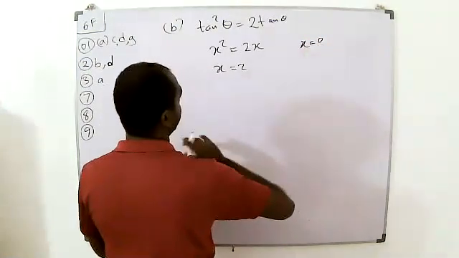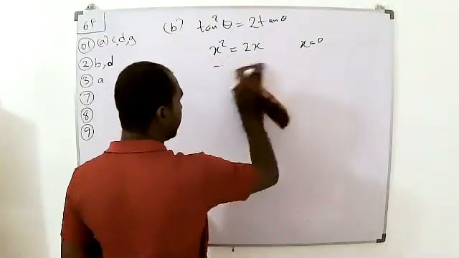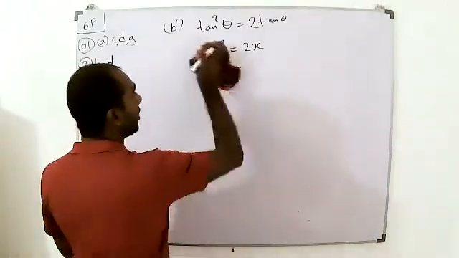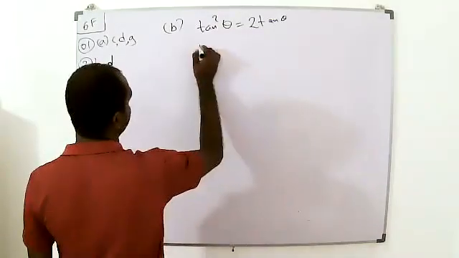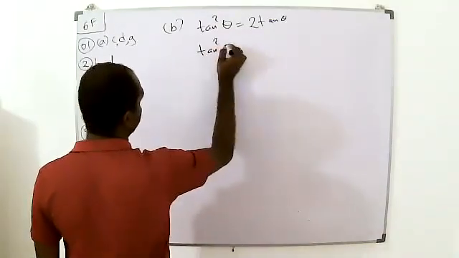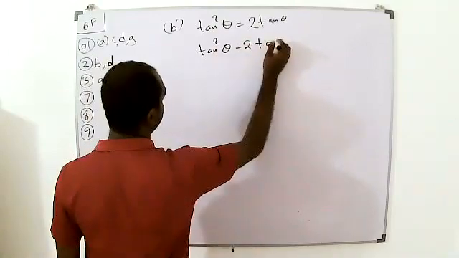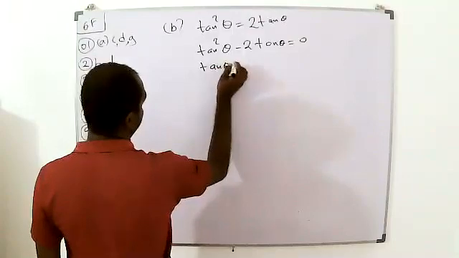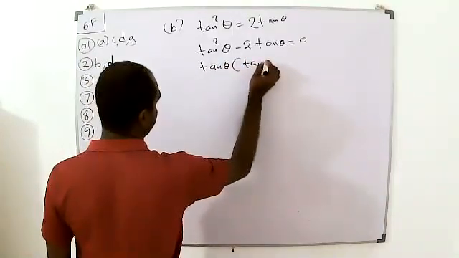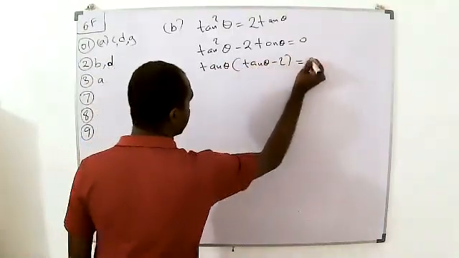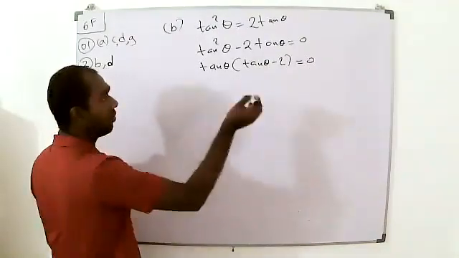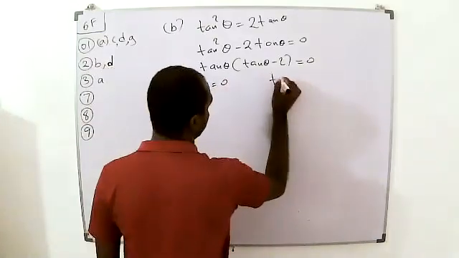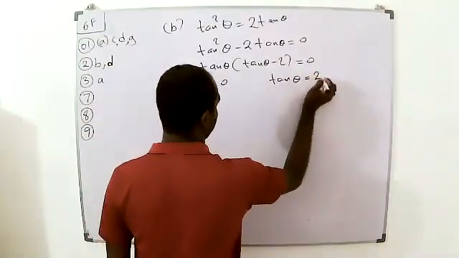If that is the case, this is totally wrong. Why? You have divided by 0. It's not a defined situation. So what you have to do, take them to one side and factorize. So you can write this as tan squared theta minus 2 tan theta equals 0. So you can take tan theta out: tan theta times (tan theta minus 2) equals 0. So you now have two solutions, either tan theta equals 0 or tan theta equals 2.